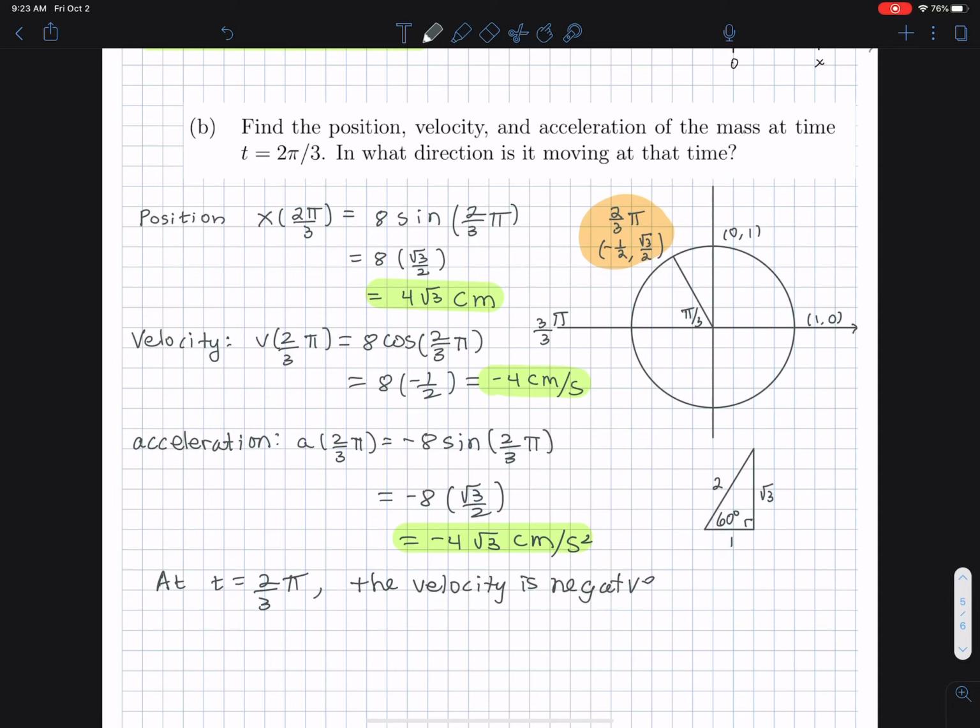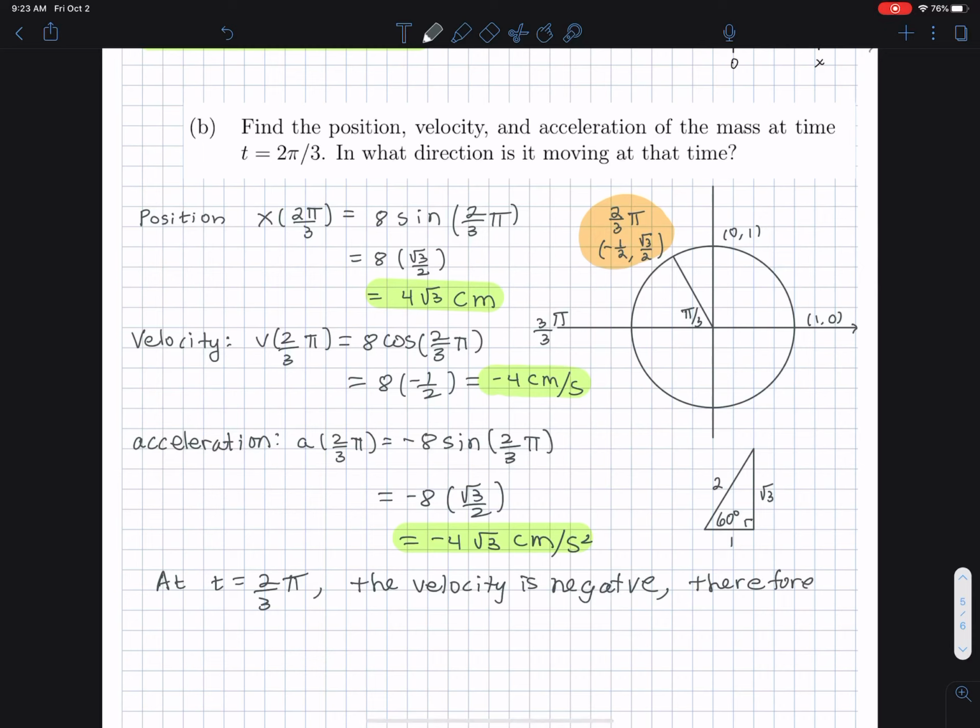And whether velocity is positive or negative, in other words, the sign of the velocity, is going to tell us whether it's moving to the right or the left. So the velocity is negative at 2/3 pi, therefore, is it? Double check.